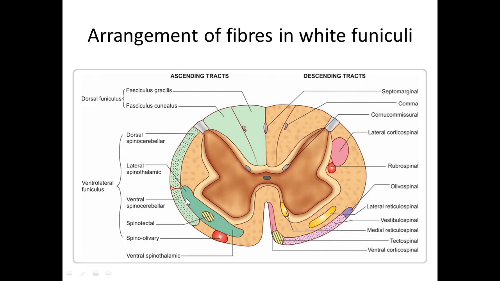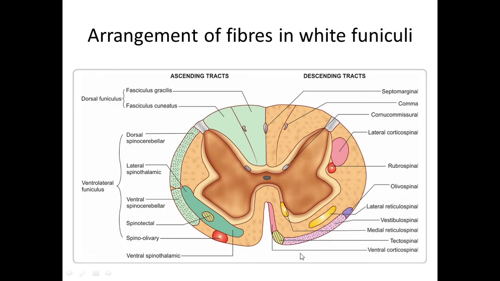In the lateral funiculus, this is the lateral spinothalamic tract, the ventral spinocerebellar tract and the dorsal spinocerebellar tract. And in the posterior funiculus, medially there is fasciculus gracilis and laterally fasciculus cuneatus.